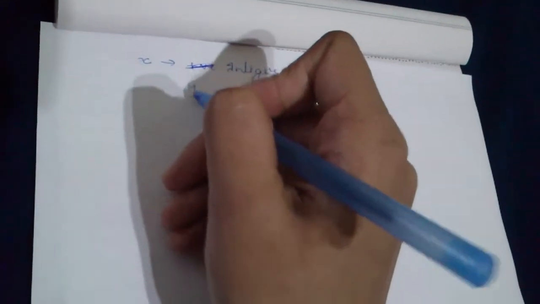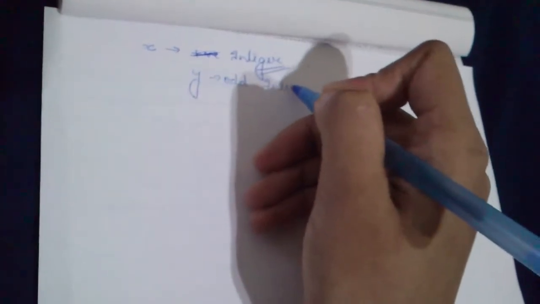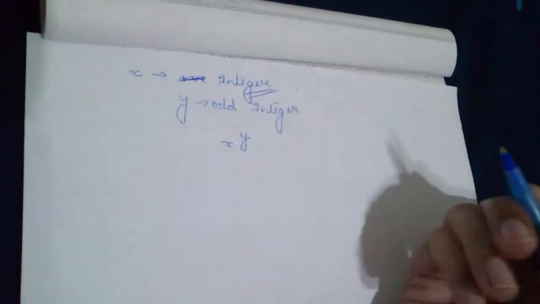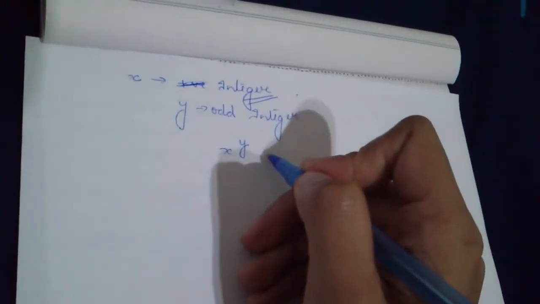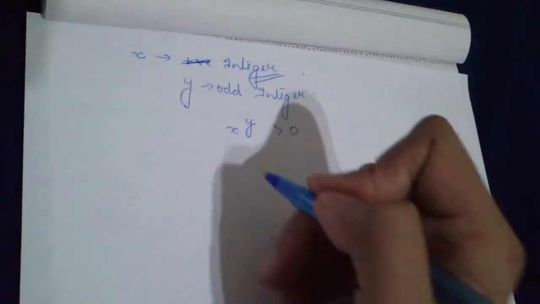And x raised to any odd integer, say y is an odd integer, x raised to y is equal to some value that is greater than 0.